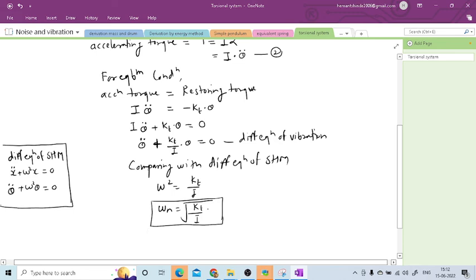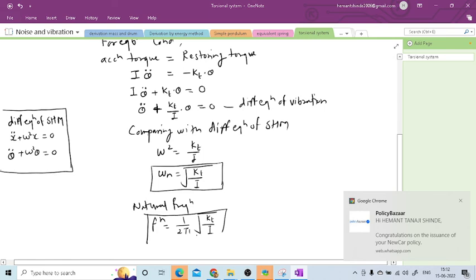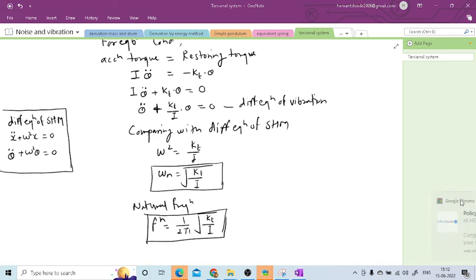And if you want to convert into natural frequency, then the natural frequency fn is equal to 1 divided by 2 pi into omega n, and omega n is root of kt by I. So this is the natural frequency of the system.